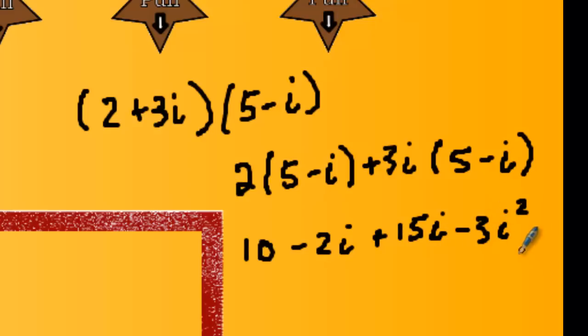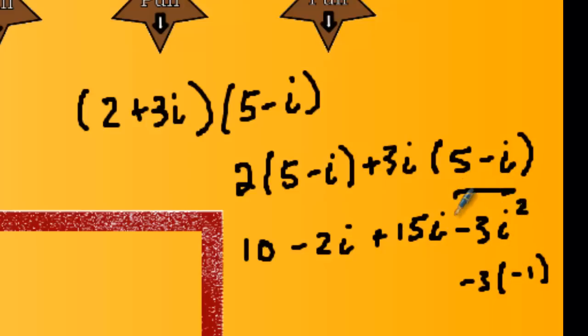Now we have to remember, what does i squared actually equal? i squared is actually a negative 1. So this is actually a negative 3 times a negative 1, because that's what i squared is. And what is a negative 3 times a negative 1? It's actually a positive 3.